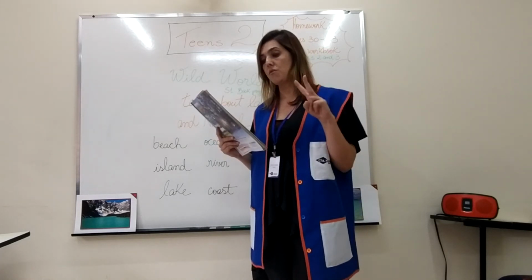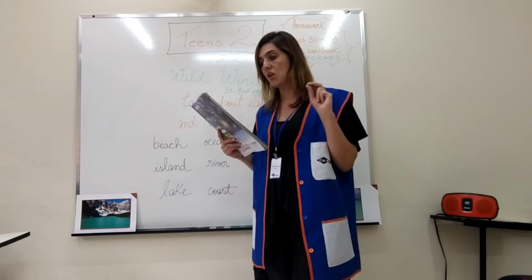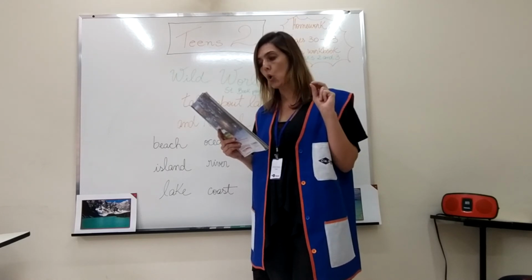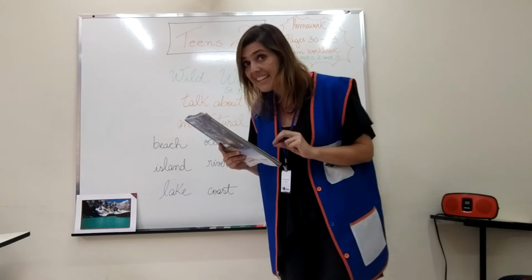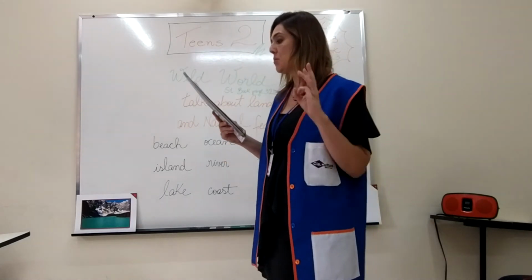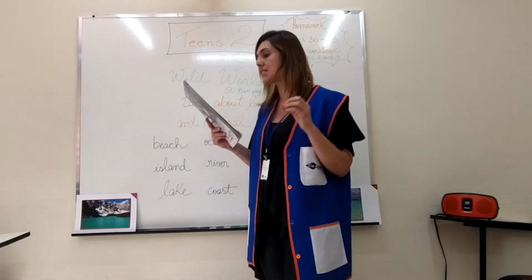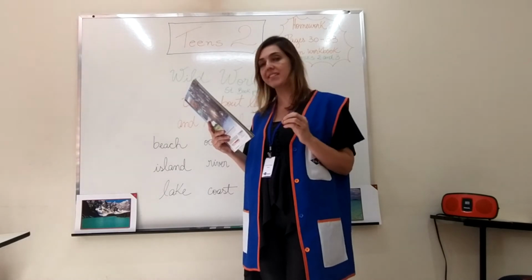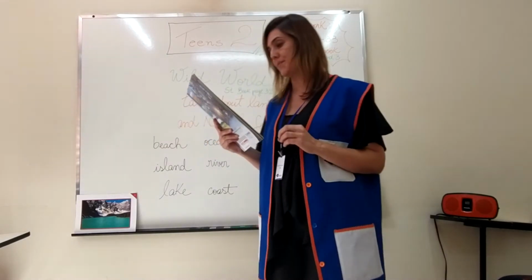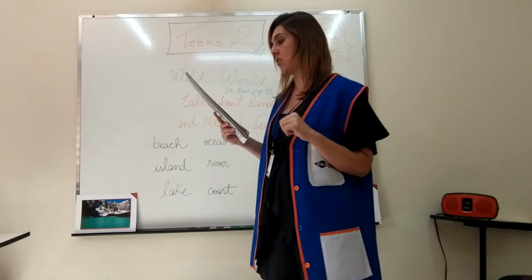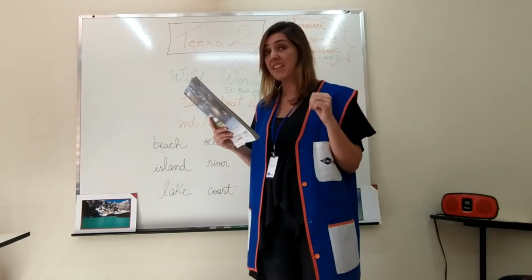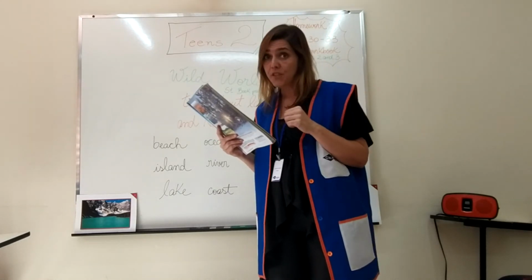So, number 2, 90-mile beach is on the southeastern coast of Australia. Number 3, the Sahara is the second largest desert in the world. Number 4, the Serengeti savanna is in Africa.